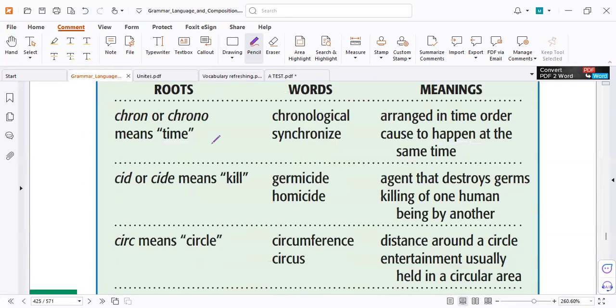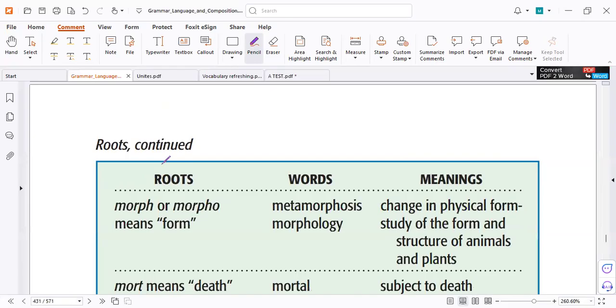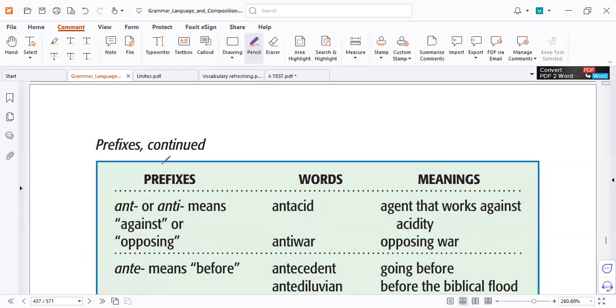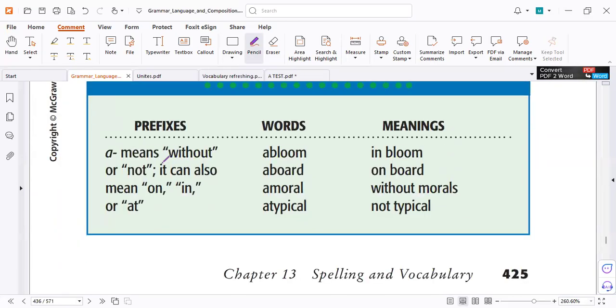So after memorizing these Latin roots that can help you to guess the word, you must go to the prefix. You know the prefixes, it's a syllable at the beginning, but be careful, so easy. For example, a or an, remember a or an or ana means against. But sometimes a means on, in.